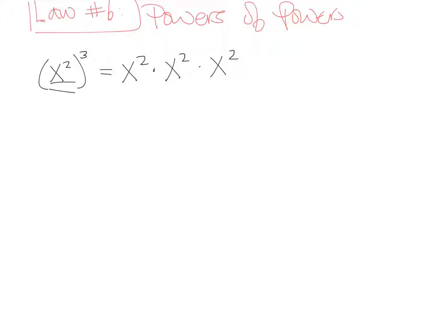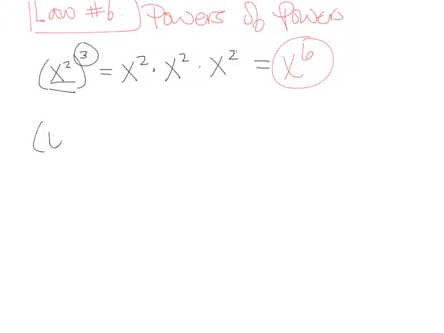I take x squared and multiply it by itself 3 times. Now notice, what operation is in between all of these x squareds? Multiplication. So since multiplication is between my x squareds, what do you do with the exponents? You add them. So 2 plus 2 plus 2 makes 6. So I get x to the 6th.